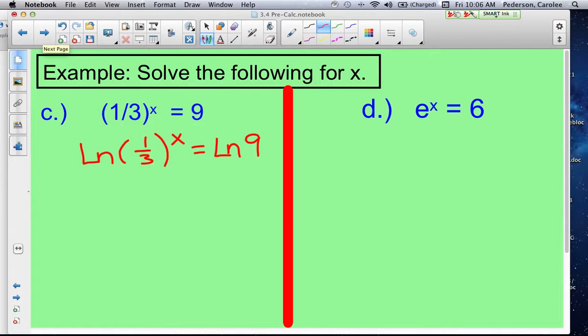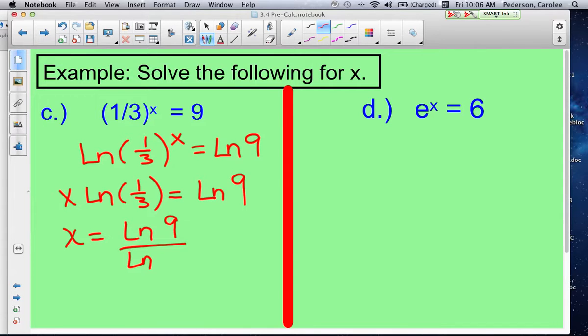And then what do I do? Bring the x in front, yep. And then what? Yep, and then divide both sides by the natural log of 1/3.